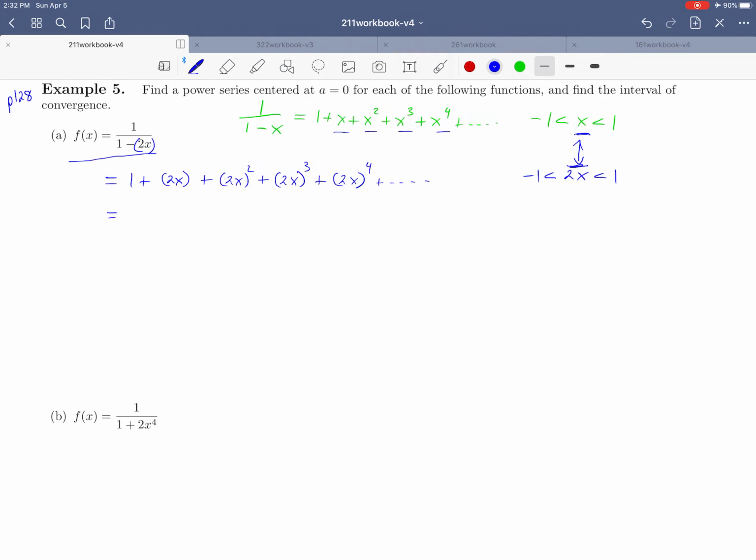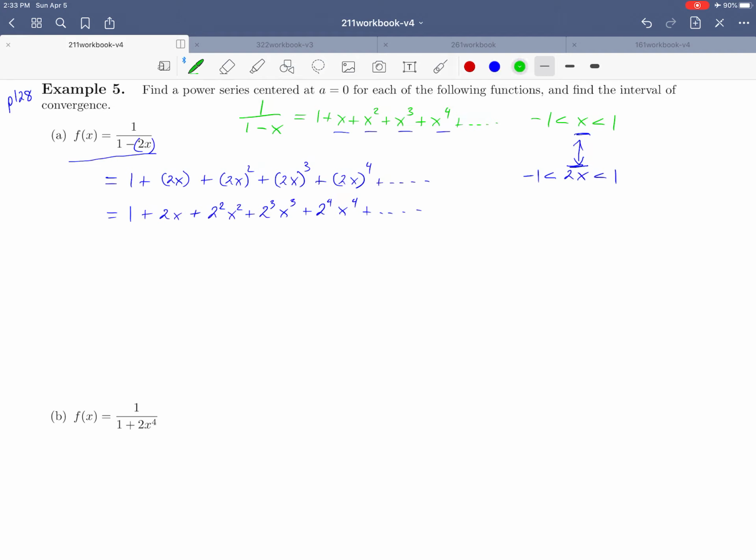We can clean this up a little bit. So my series is 1 plus 2x plus 2 squared x squared plus 2 cubed x cubed plus 2 to the fourth x to the fourth, and so on. That keeps going. And my interval of convergence, we would like to describe it just in terms of x.